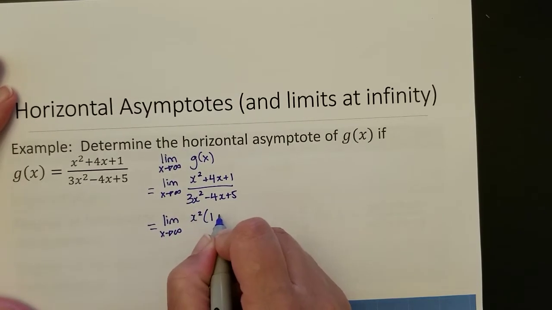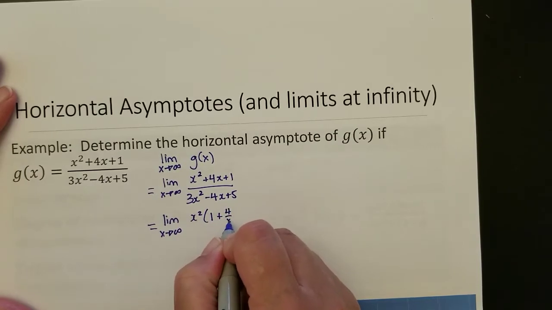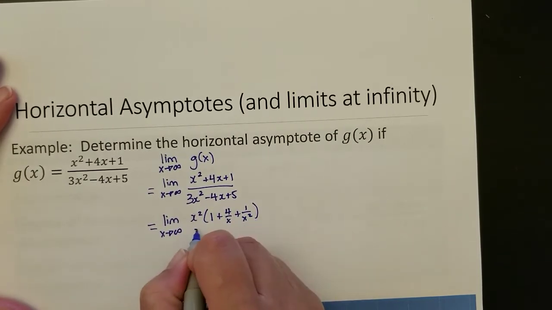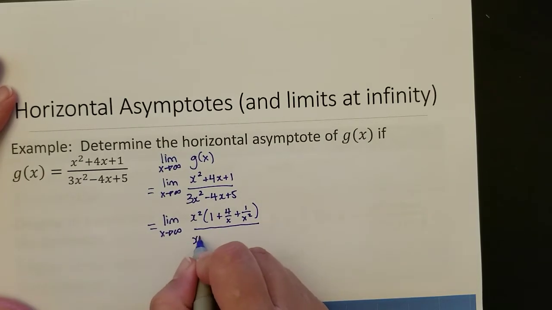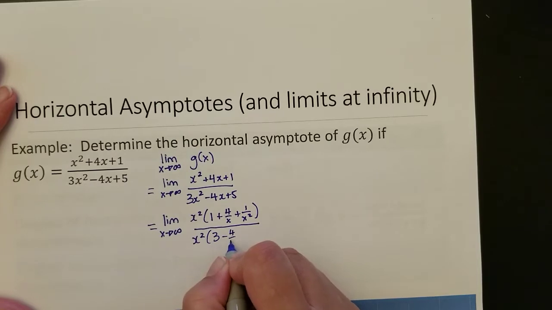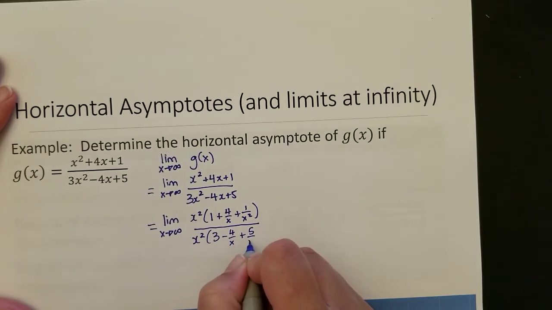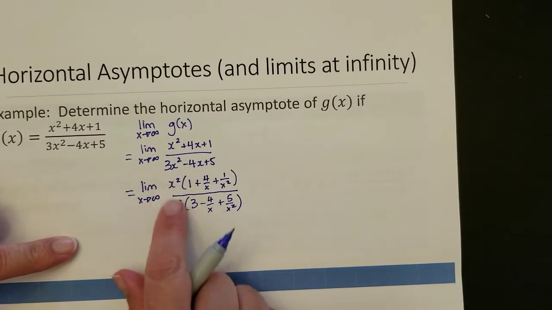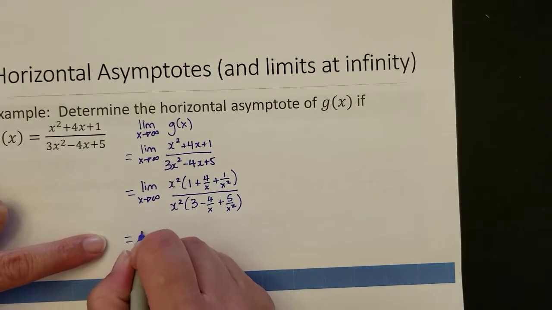So I get x squared times (1 plus 4 over x plus 1 over x squared), over x squared times (3 minus 4 over x plus 5 over x squared). Okay, I'm going to reduce the x squareds.